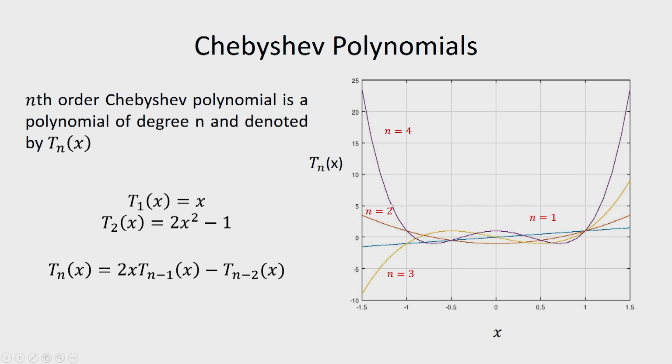This is for n equal to 4, and therefore, we will find that the Chebyshev polynomial behavior is such that it will exhibit some oscillations in this region x is equal to minus 1 to x is equal to 1, and we can design equiripple low pass filter prototype using Chebyshev polynomials.